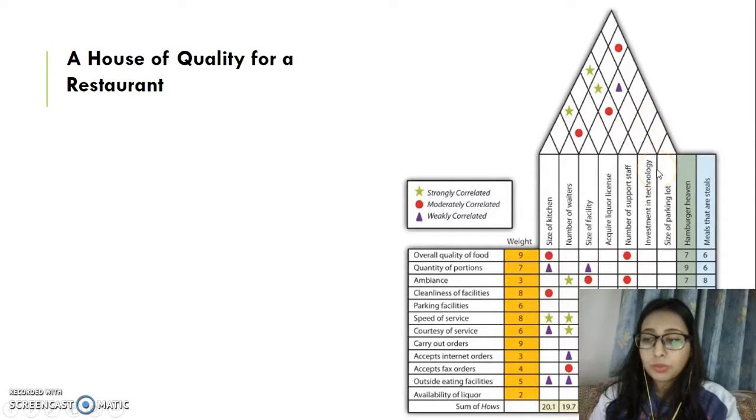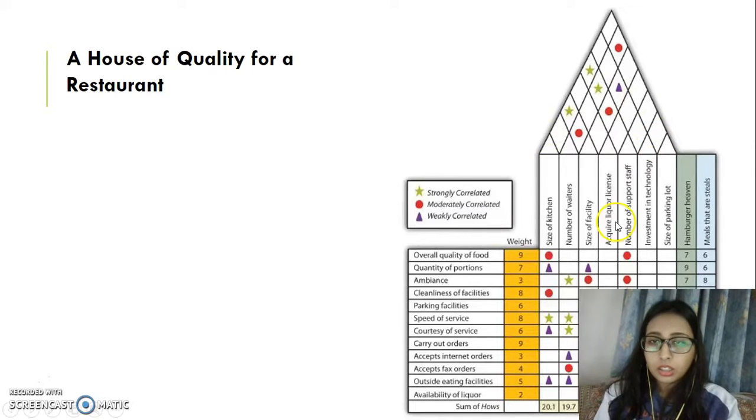Moreover, once you're done with this, you establish product requirements or technical characteristics to respond to the customer requirements. And then you create the product characteristic table.